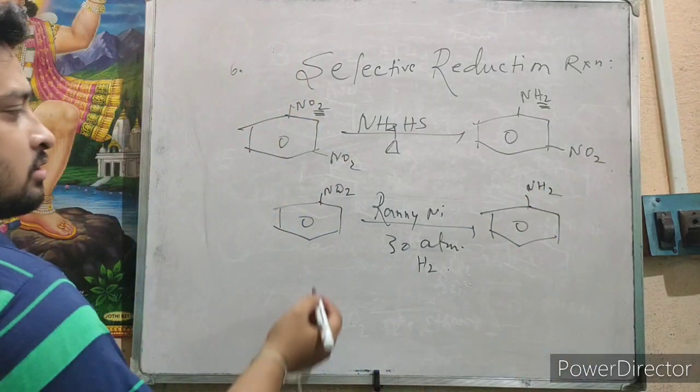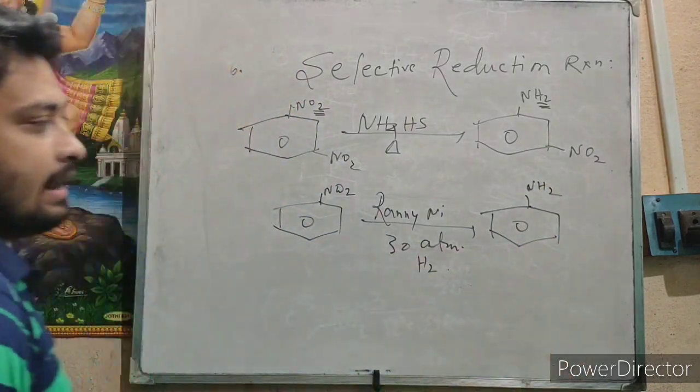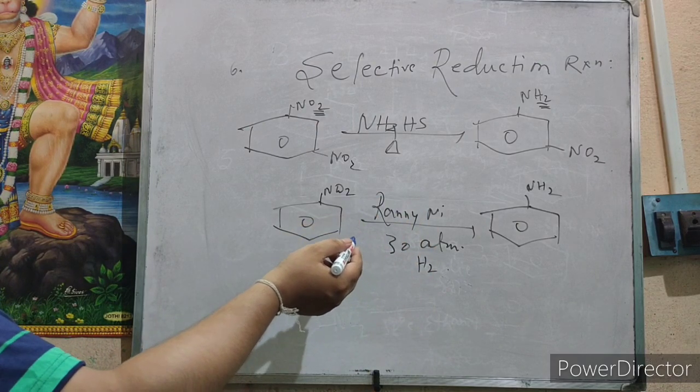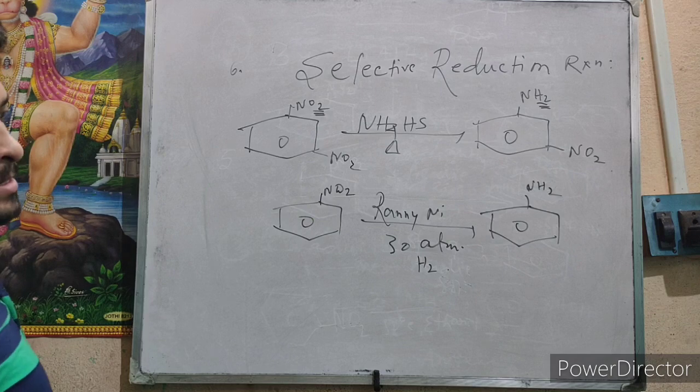There are so many processes to convert nitrobenzene to aniline: Raney nickel, lithium aluminium hydride, or in the acidic medium. Okay, this is also very important.